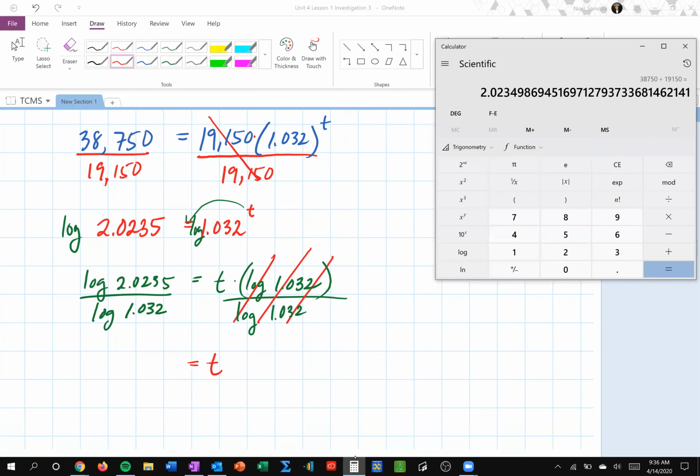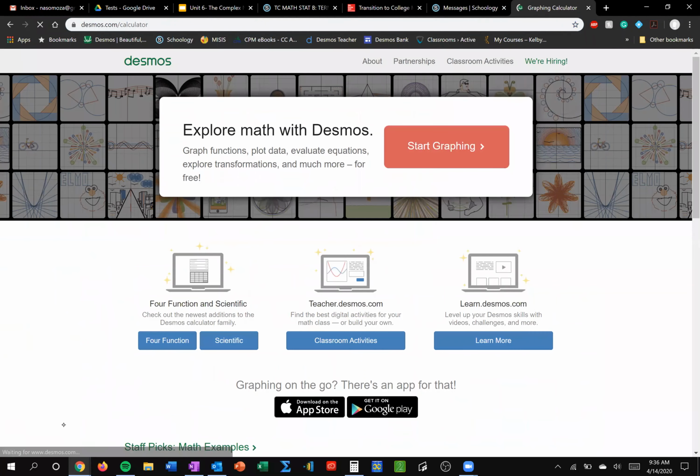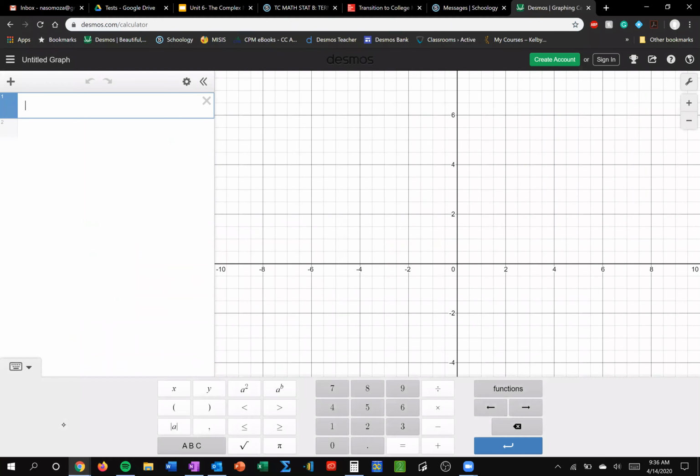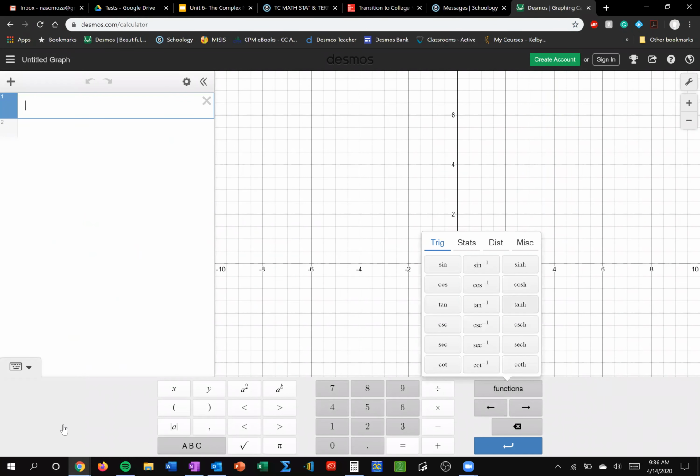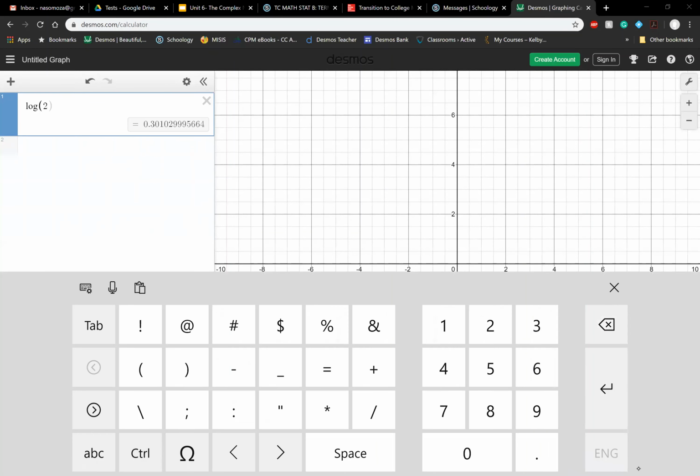a calculator. Let me use Desmos, I don't like this calculator. Okay, so log of 2.0235.